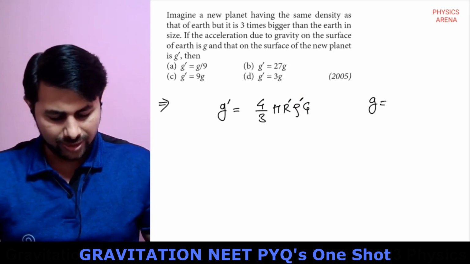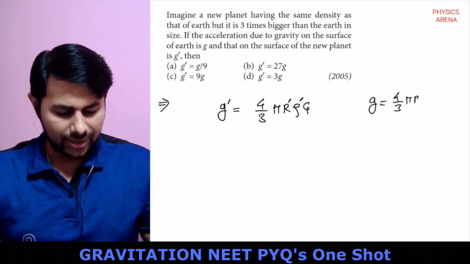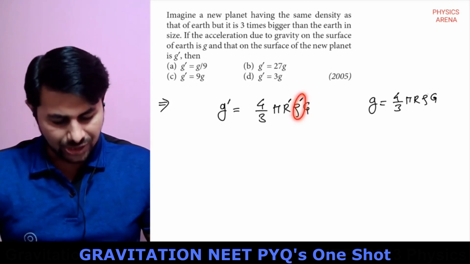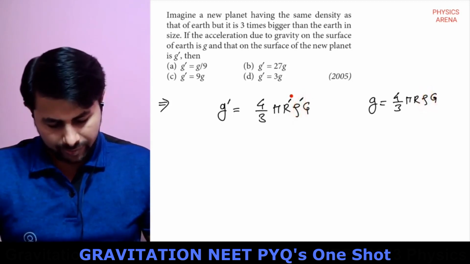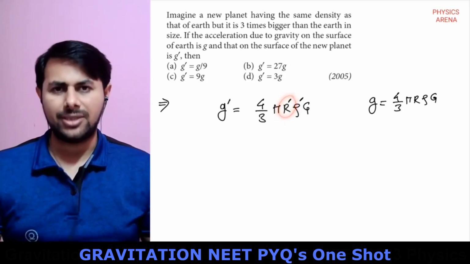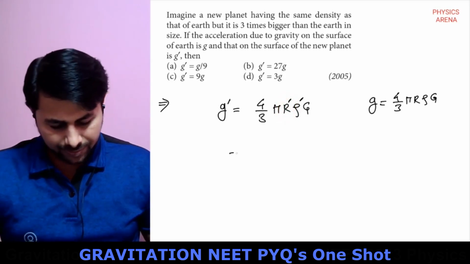So g for Earth is 4 by 3 pi r rho times G. So rho dash is equal to rho, it's given, but the planet is 3 times bigger. So r dash is equal to 3 times r, right?